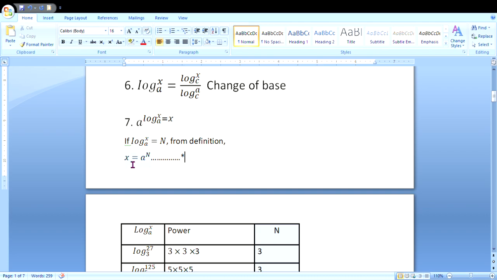This is just the simple definition of logarithm. So x now is equal to a raised to the power of n. So the n here is the result of the logarithm to be determined.